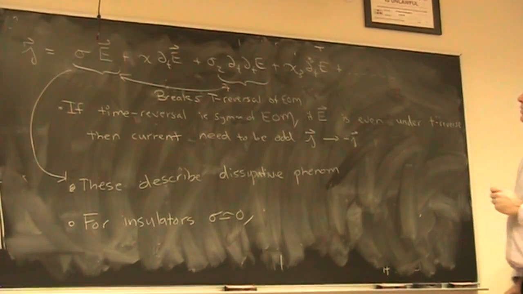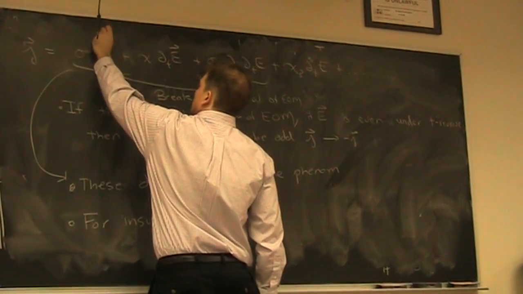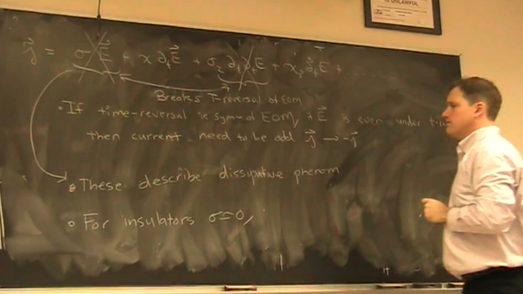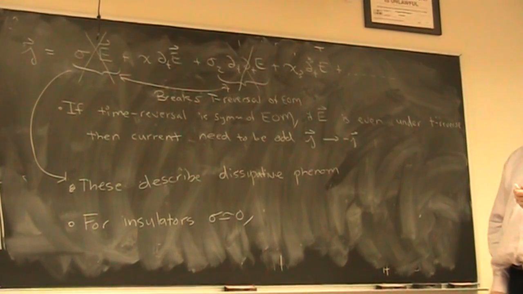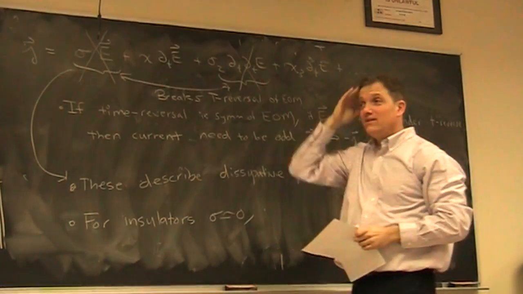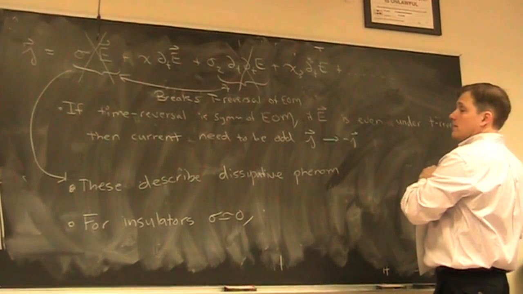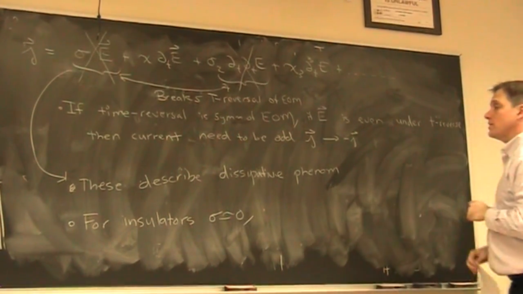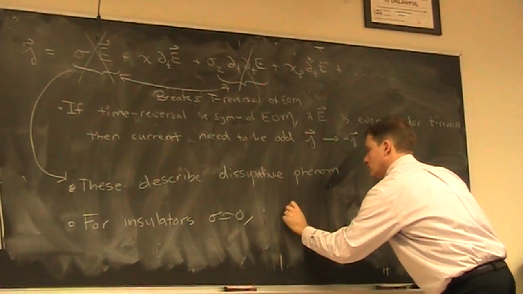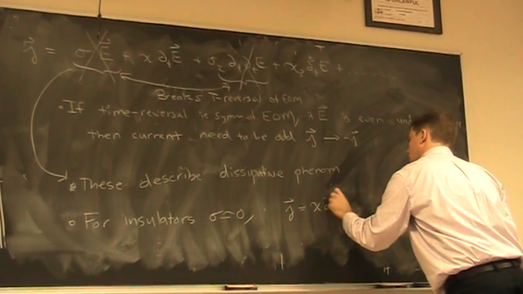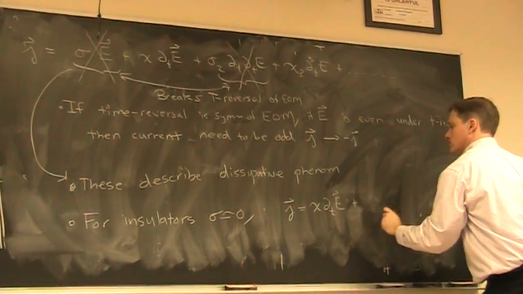In which case, the dominant term in this expansion is the second one. So we get rid of those. Of course, if you're talking about a metal, then sigma is not small, it's the dominant term, and we basically neglect the others. So for insulators, if sigma is small, then you're left with a constitutive relation: J is chi times the time derivative of E, plus your higher order terms.